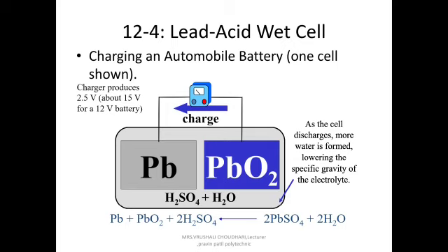To recharge the lead storage cell, what happens? We are supplying external EMF, greater than 2 volts, from the generator. At the cathode, PbSO4 is decomposed to form Pb and SO4 2- ions.